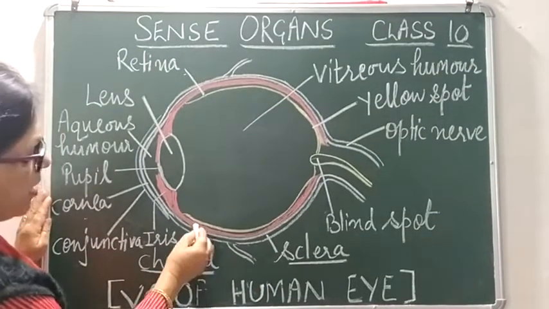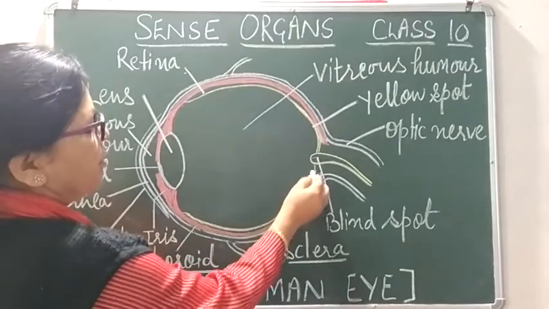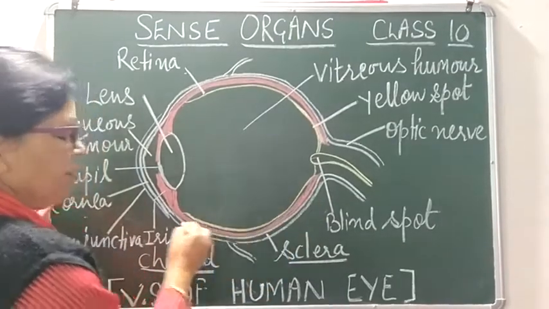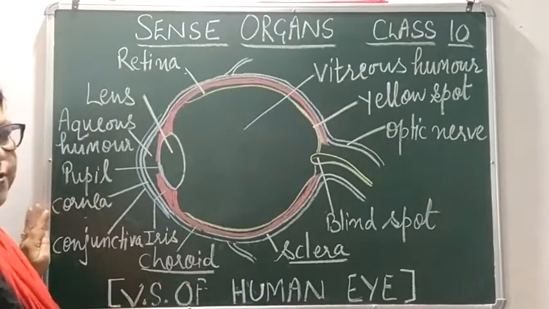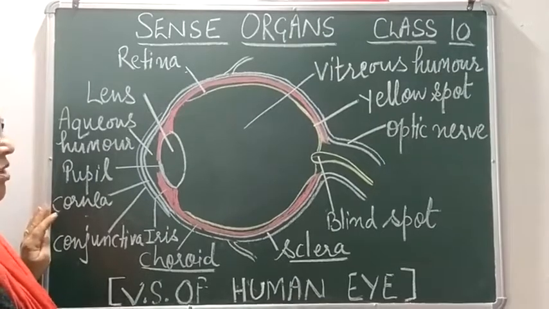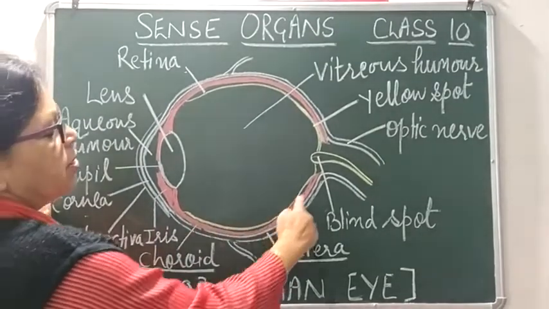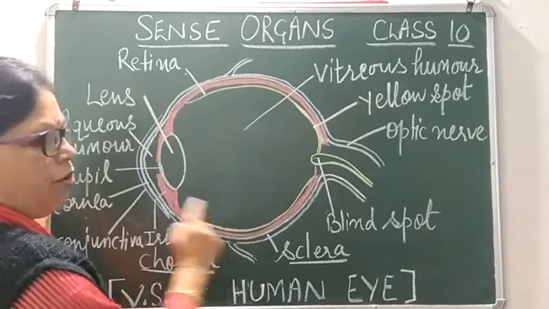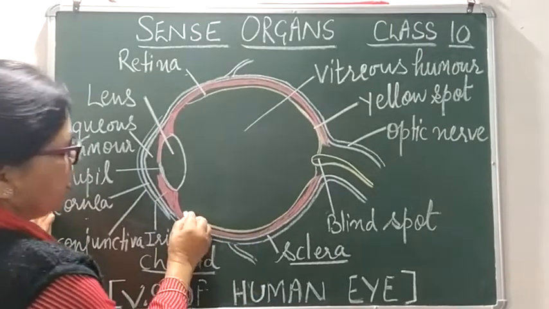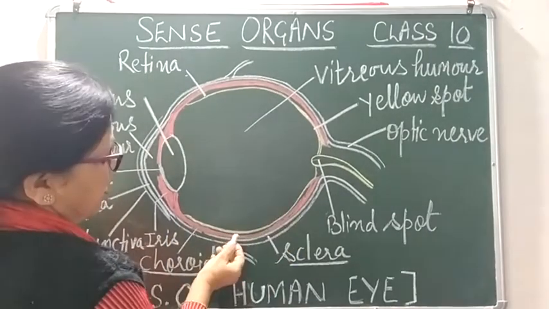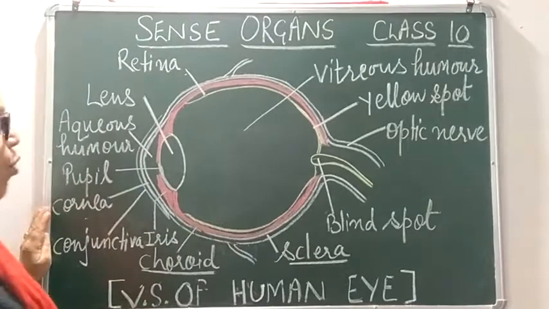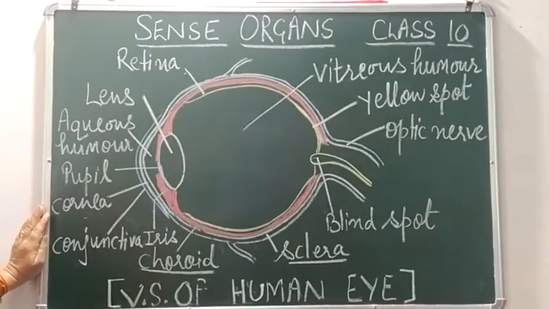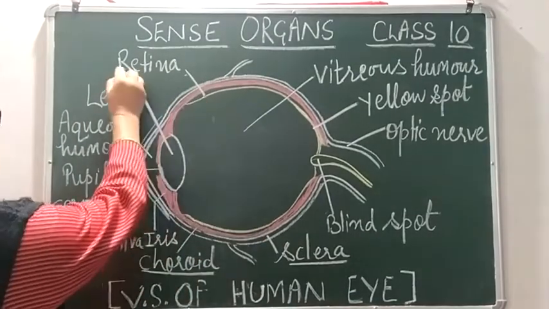As you can see, this is colored. So choroid is colored. Why? Because it is richly supplied with blood vessels. So this is the colored layer, the second layer of eye. Now the innermost layer is called retina.